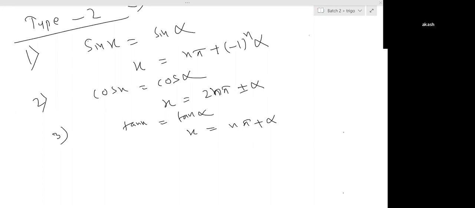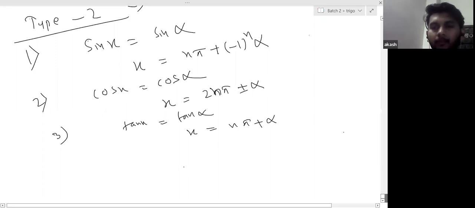Done? Okay, suppose they've given you a question: cos x is equal to half, and they are asking you to find the general solution. The first step is to write this as cos x equals cos pi by 3, since cos is half at pi by 3.